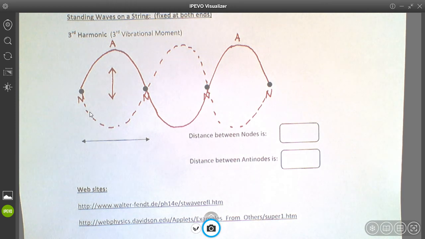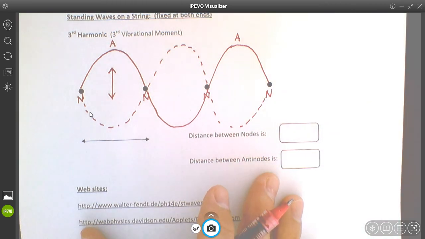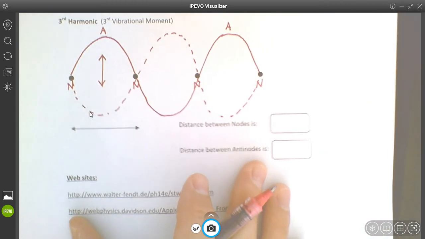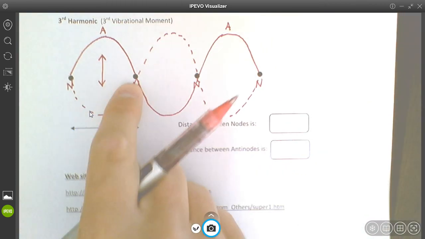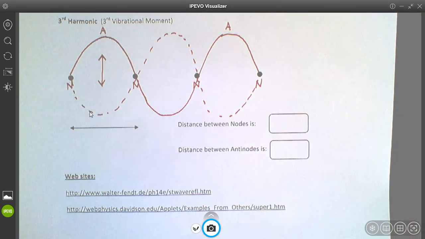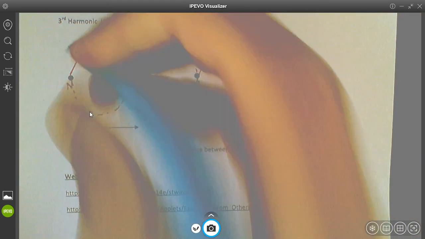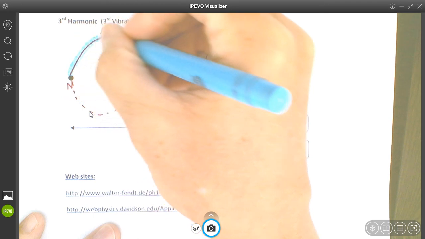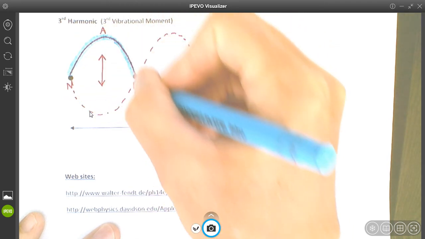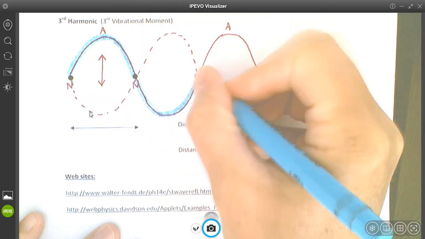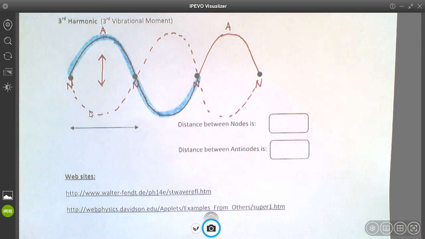Now, you can see that the nodes are where you're getting completely destructive interference, okay? And it shows here an arrow from node to node. Well, if you get a highlighter and you go, okay, from there to there, up to there, that's considered one wavelength, okay?